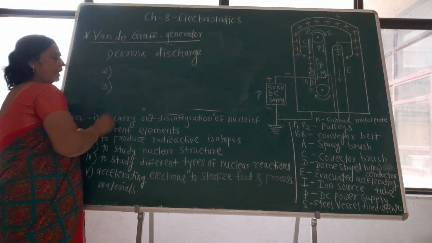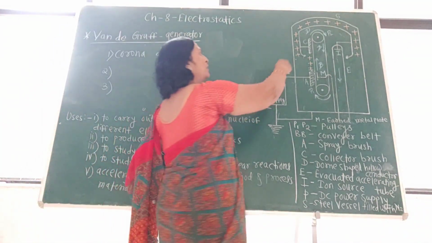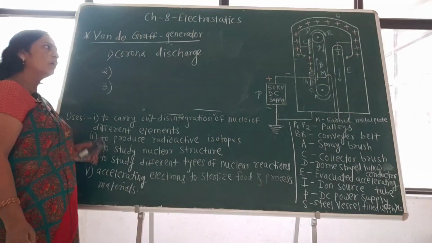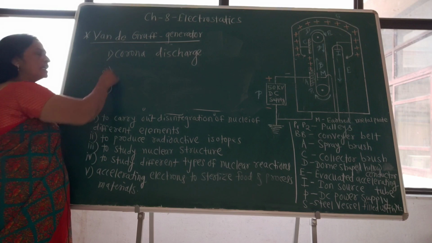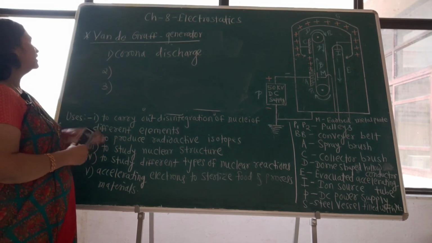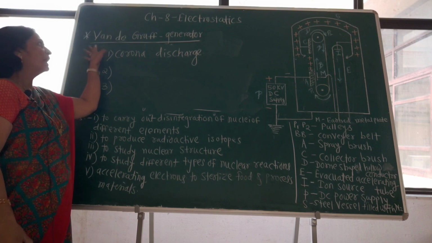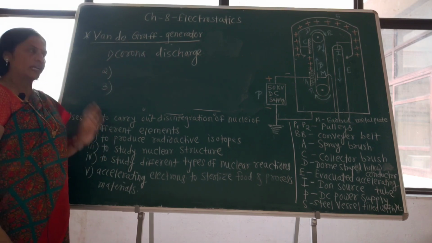And third, when the charge spreads uniformly, the potential of that hollow conductor goes on increasing. These are the three points on which the Van de Graaff generator works.